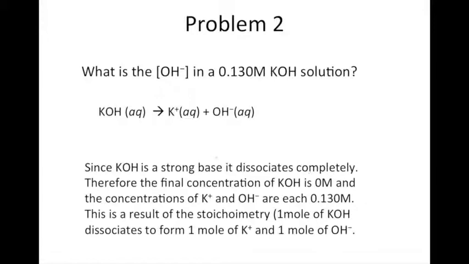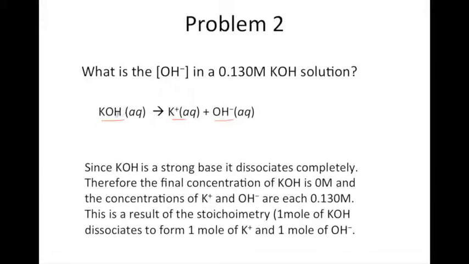So here I have a chemical equation written. We have potassium hydroxide that dissociates in water to form potassium ion and hydroxide, and potassium hydroxide is a strong base. It's a metal hydroxide that's soluble, and it's a strong base, so it dissociates completely.